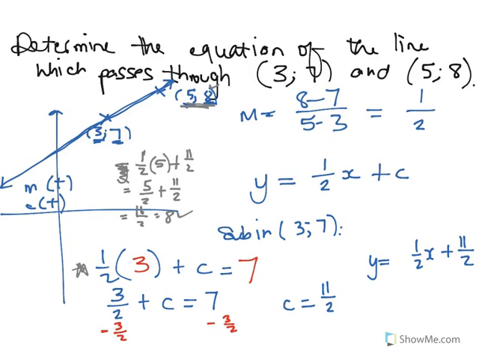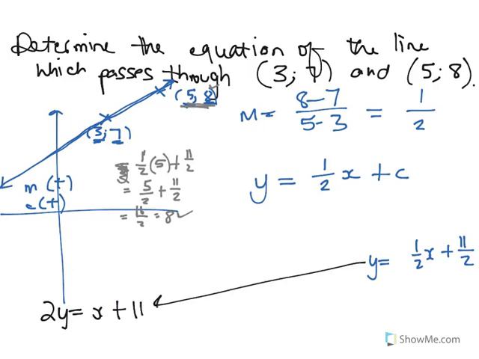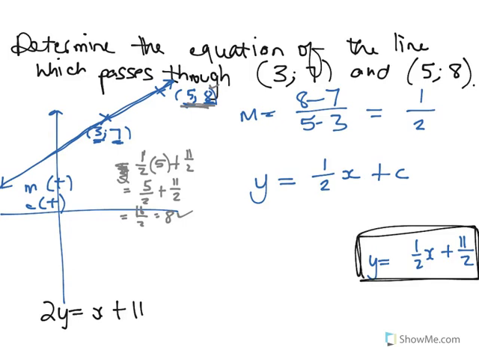There are going to be some rare cases where you might be asked to show that the equation of this line is 2y is equal to x plus 11, right? Which looks different to what we got. But all that's happened there is we've rewritten this with no fractions.